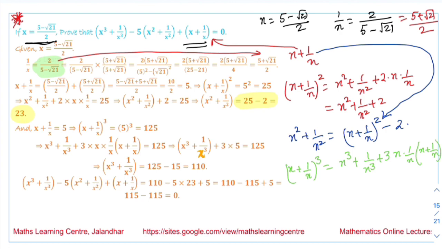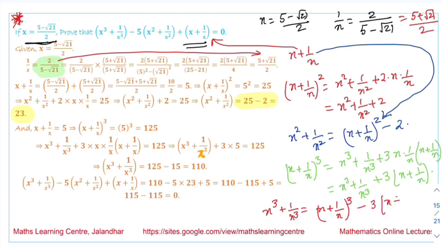So the final formula that we obtain from this is that x cube plus 1 by x cube is equal to x plus 1 by x whole cube minus 3 times x plus 1 by x.